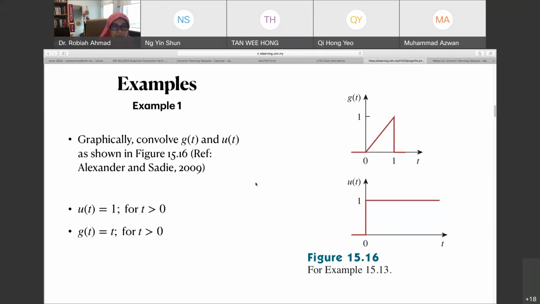Okay, so now how do we go about doing this convolution? Let us apply the one that we did yesterday. Yesterday we learned about doing convolution with two square wave signals, two rectangular signals. Now we have one that is the sawtooth, and another one that is the step input. So how do we do that? Just follow the steps.